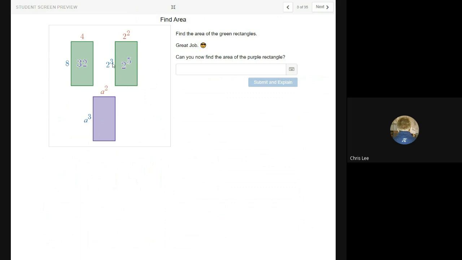And what's 2 to the power of 2? 4. So the same idea, 8 is just written as 2 cubed. And 4 is written as 2 squared. And then when we multiply those, we know that the answer is 32. But it's written as 2 to the power of 5.